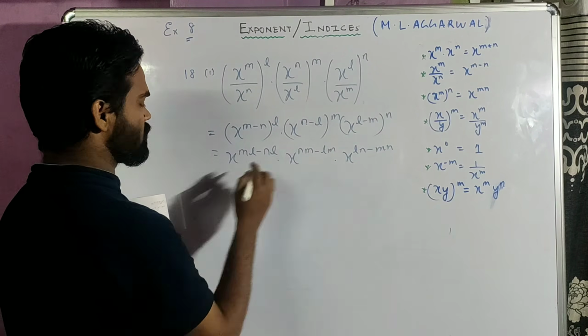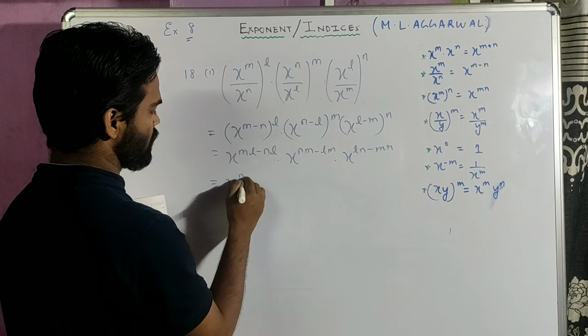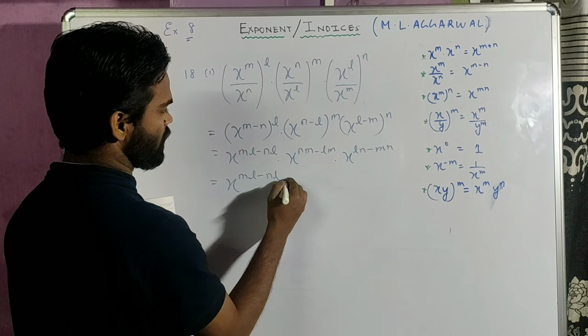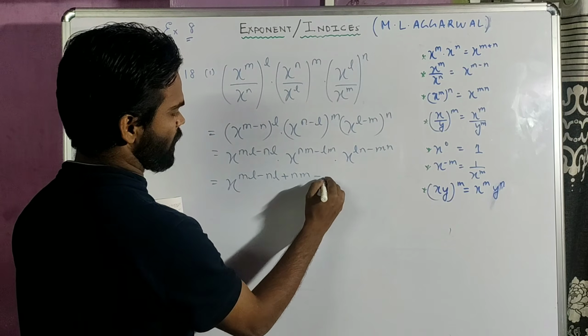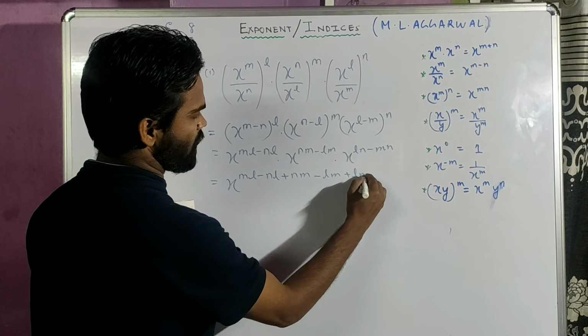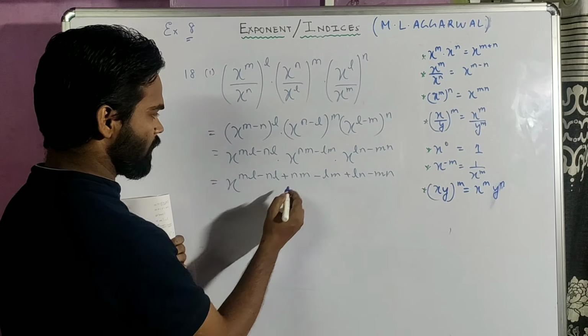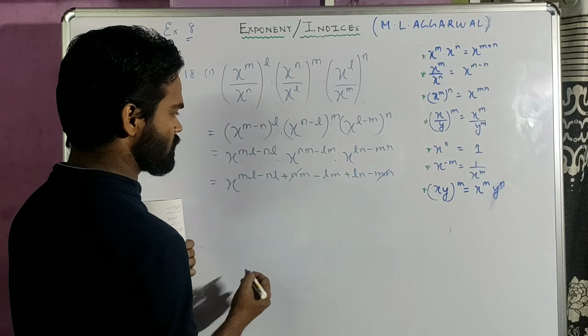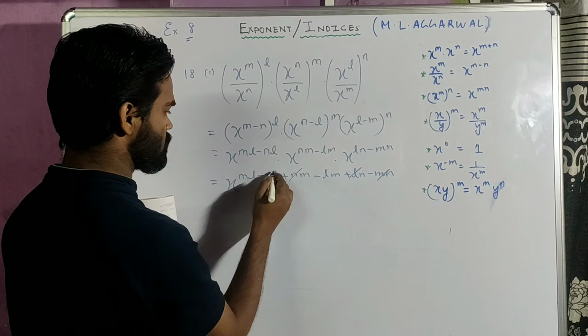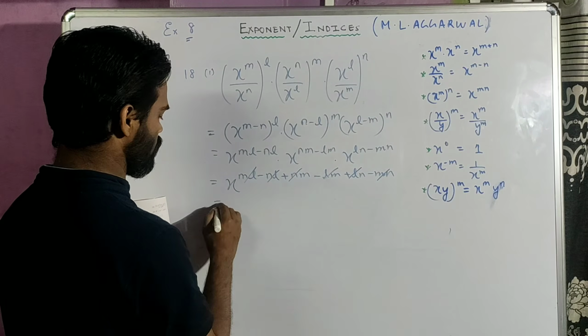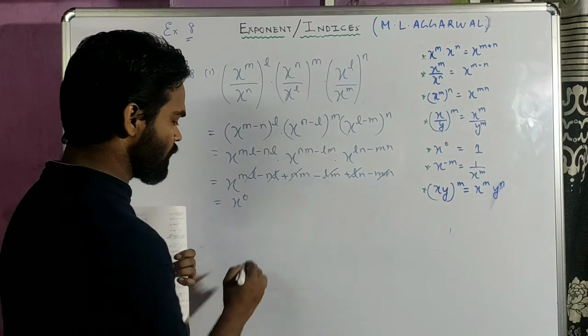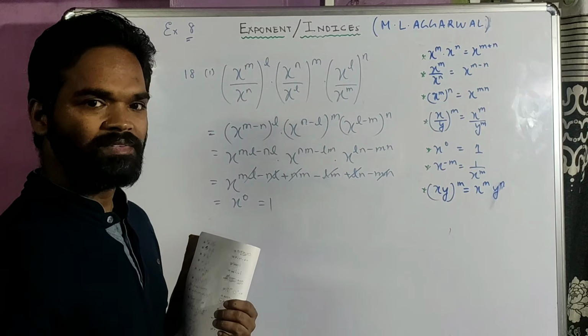Now bases are same, we can simply add the power, ml minus nl plus nm minus lm plus ln minus mn. Now if you look carefully, I think this cancels out, this and this and this, so we are left with x to the power 0, and that is nothing but 1.